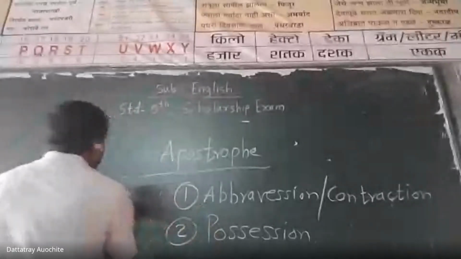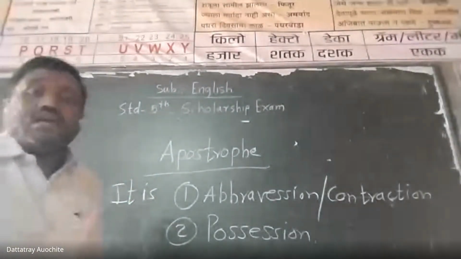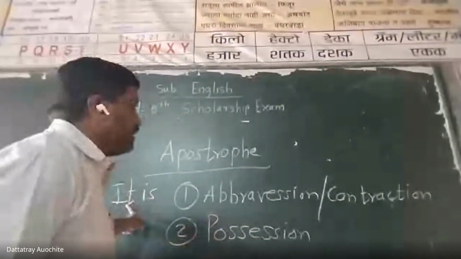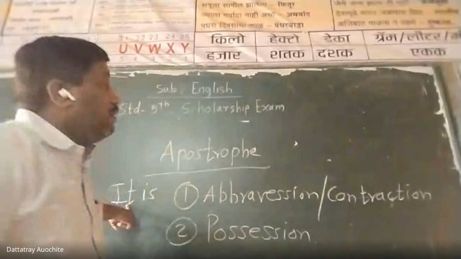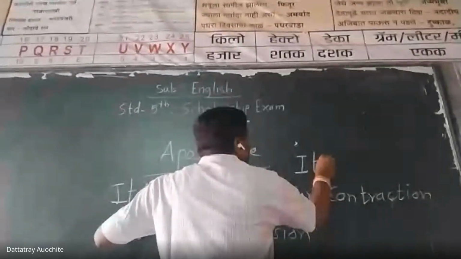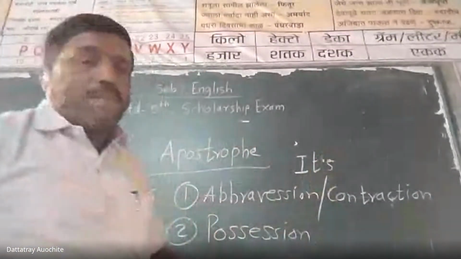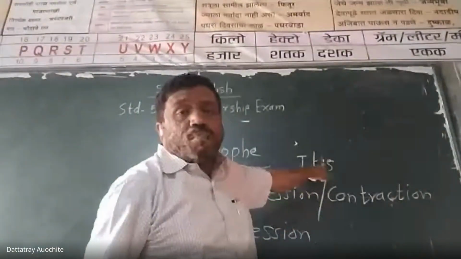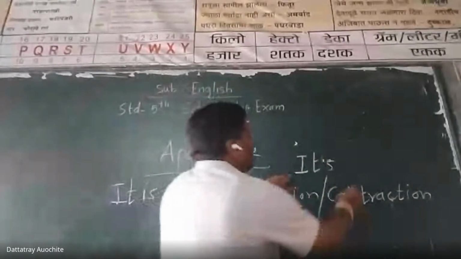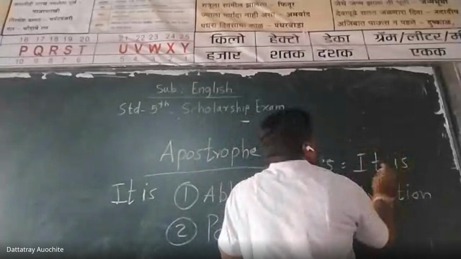"It is" is the full version, but if we write the abbreviation, it's, after "it" there is an apostrophe mark and then "s". So it's is the abbreviated form of the full form "it is".